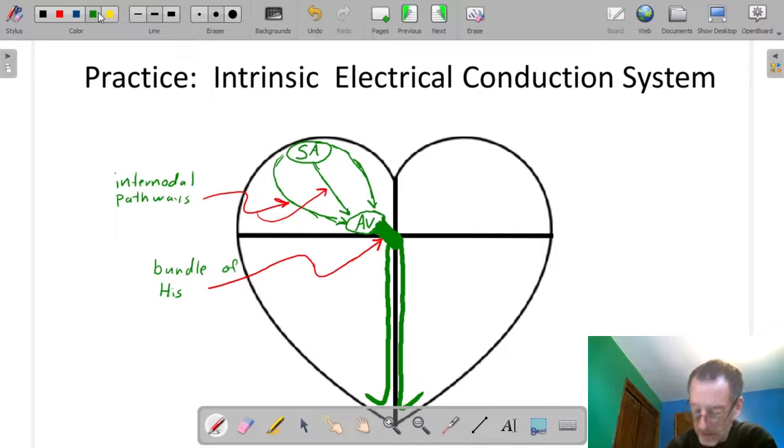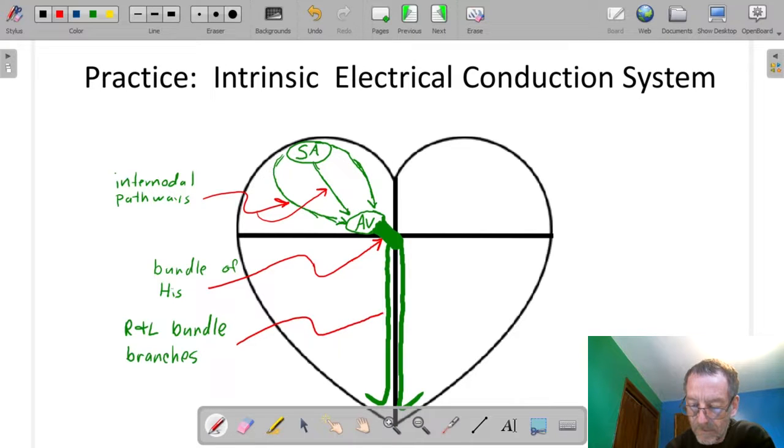And then the right and left bundle branches. There's the right one, and there's the left one.